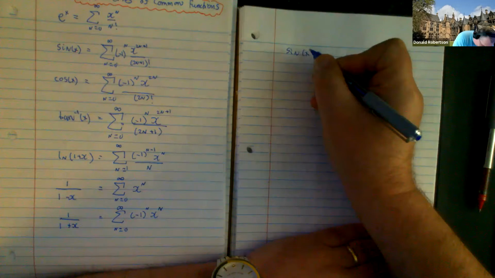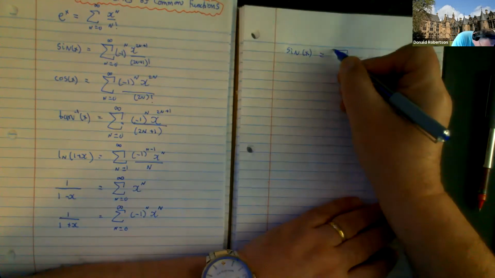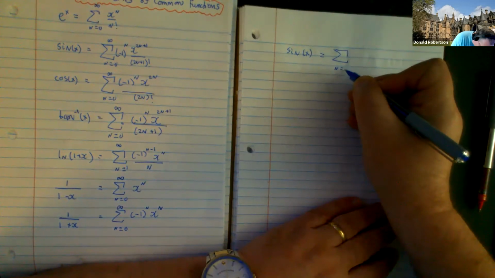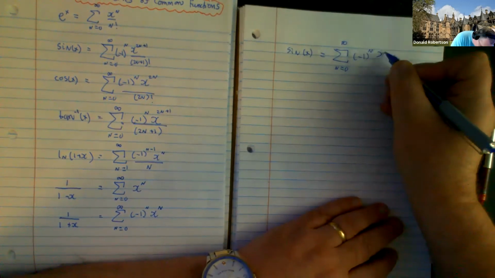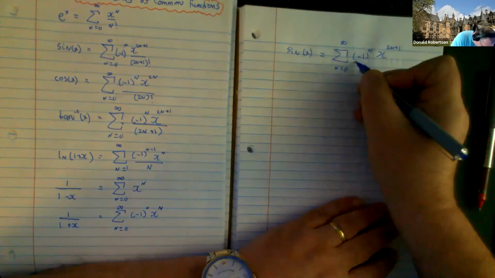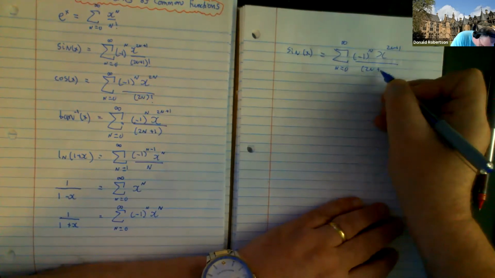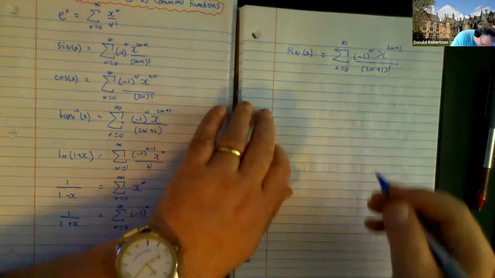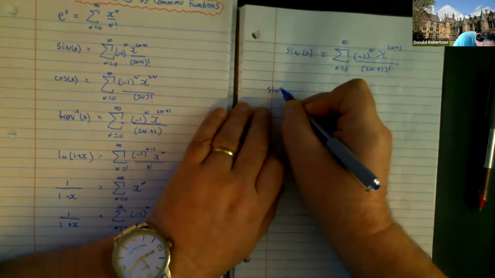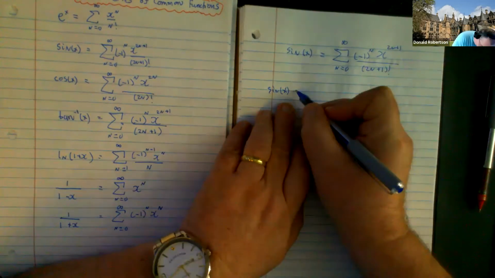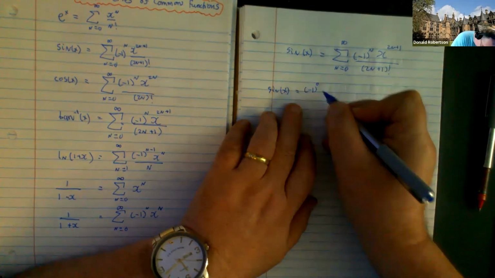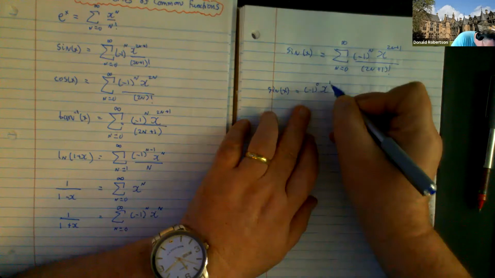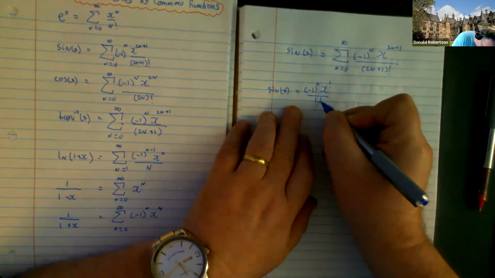Here is sine x, and sine x, as you can see, is the sum from n equals 0 to infinity of (-1)^n x^(2n+1) over (2n+1) factorial. And I'm going to just write down a few of its terms. If you plug in n equals 0, you get (-1)^0 x to the 1 over 1 factorial.